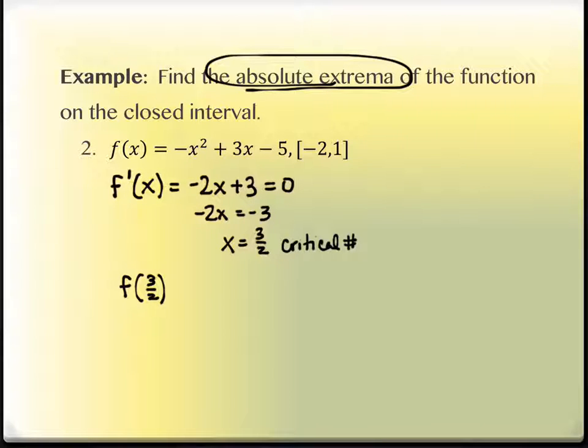So take your graph, or take your calculator, and my suggestion would be to just do this in y1, to type in negative x squared plus 3x minus 5. And then you can go into your table, and you can put in 3/2, or 1.5 if you like that number better.